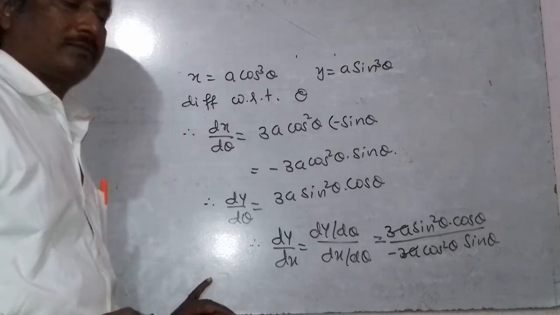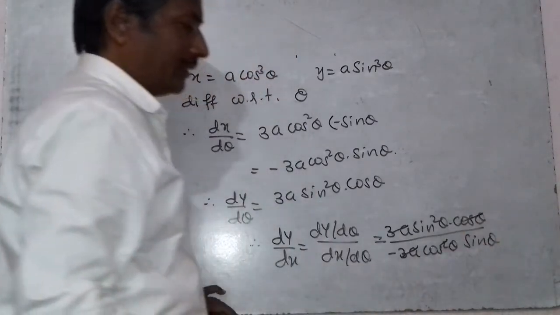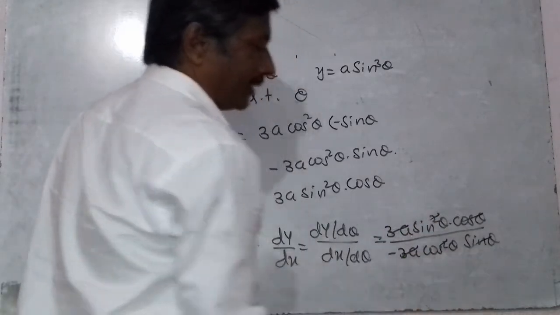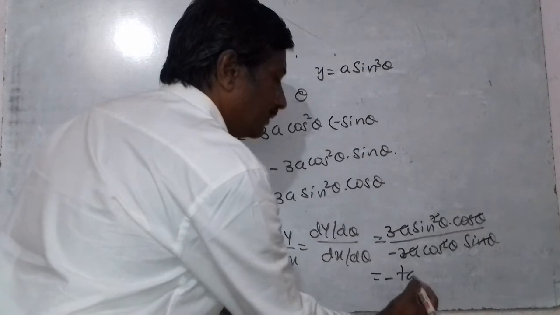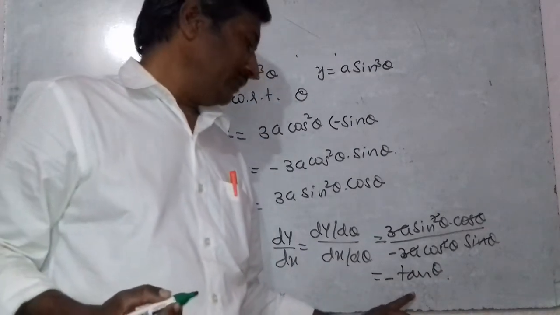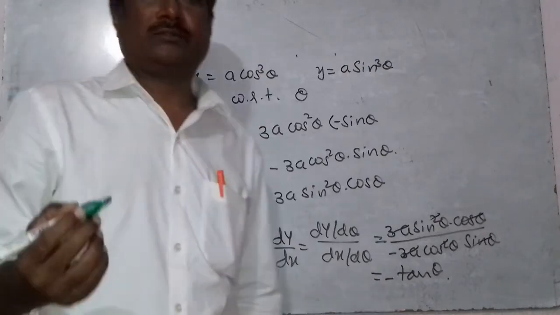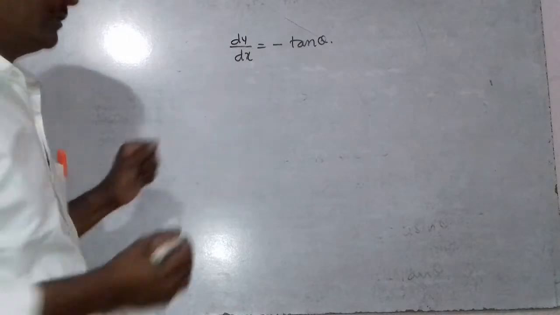The 3a gets cancelled, one cos and this cos get cancelled, and one sin also gets cancelled. Sin upon cos theta is equal to minus tan theta. So dy by dx is minus tan theta. This is the slope of tangent.